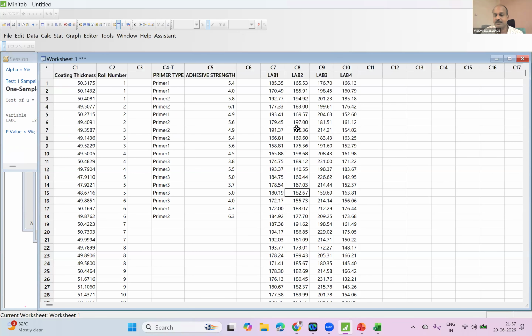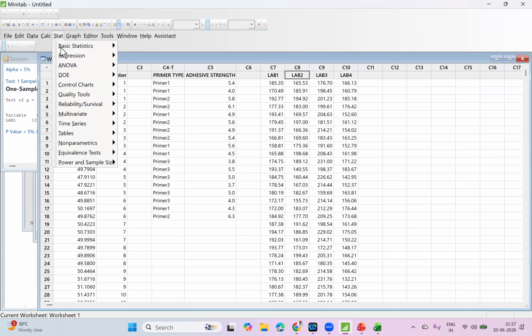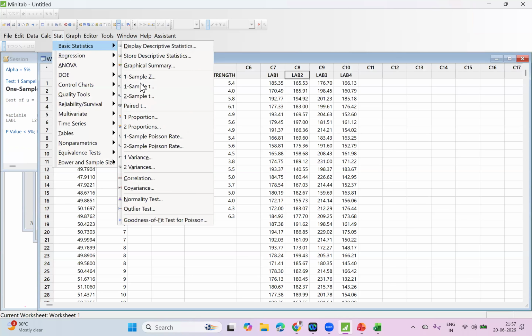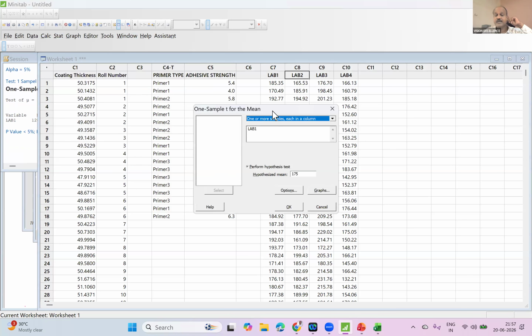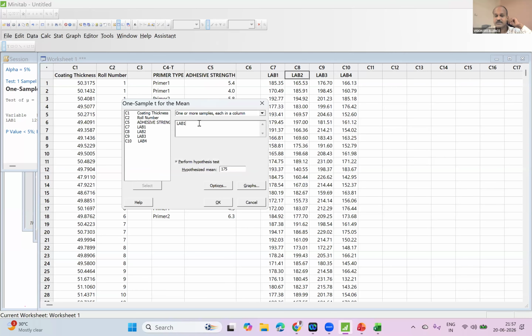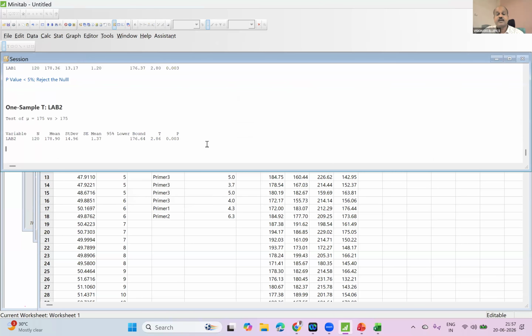Shall we do the same test for lab 2 and check whether they qualify? Yes, sir. Stat, Basic Stat, 1-Sample t. Now, instead of lab 1, you should proceed with lab 2. Everything else is the same. You don't have to change anything. Again, the p-value is less.